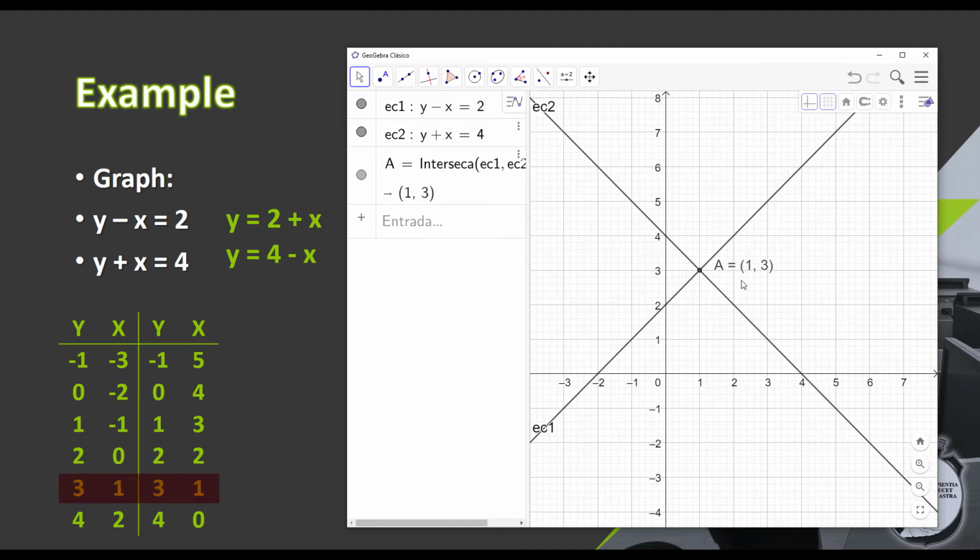So this is the solution for that system of equations.